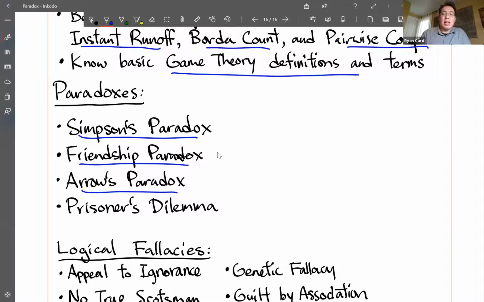You might have a situation where if a candidate drops out or gets added, that might change the society's preference. These situations seem undesirable as far as the election system goes, but it's actually unavoidable.